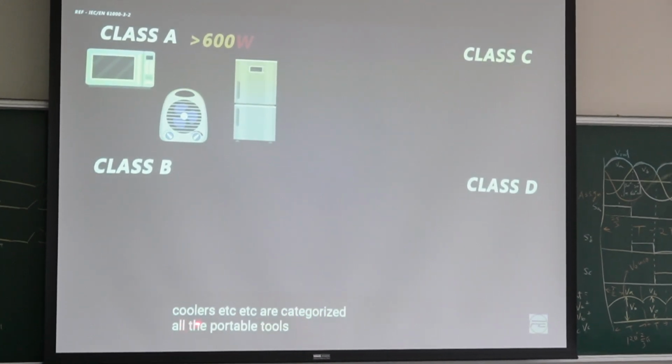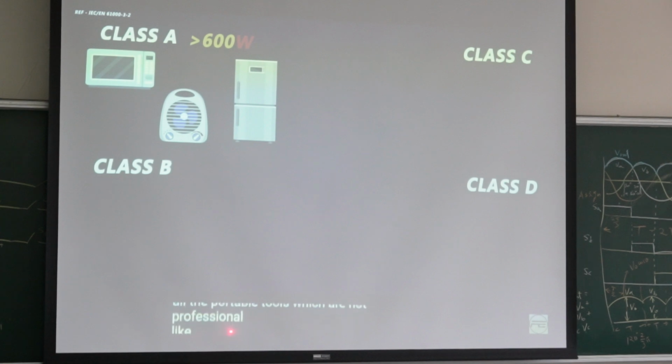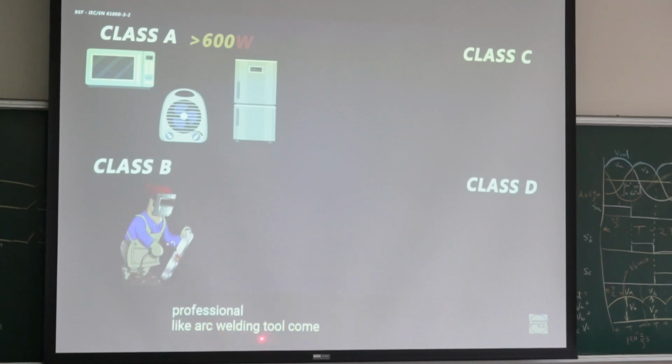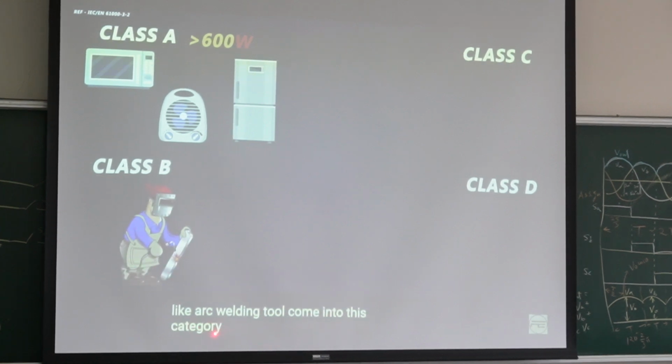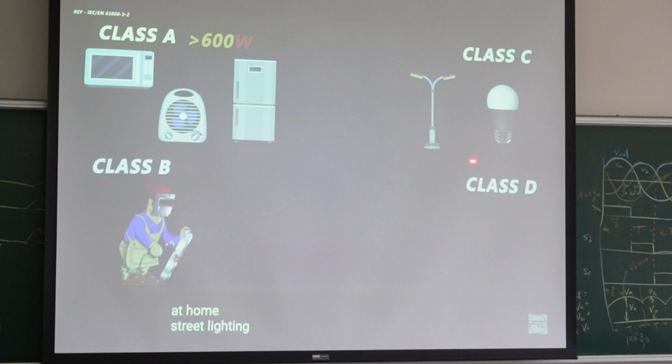All the portable tools which are not professional, like arc welding tool, come into this category. All the lighting loads, like LED lighting and street lighting or other lighting loads, come into this class.